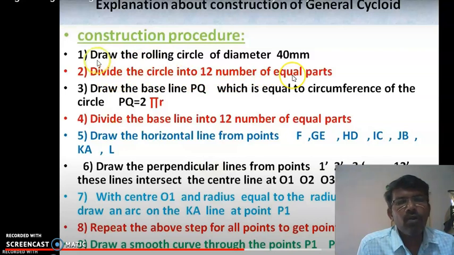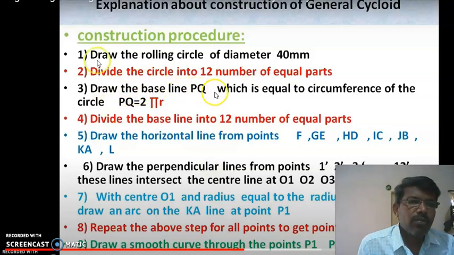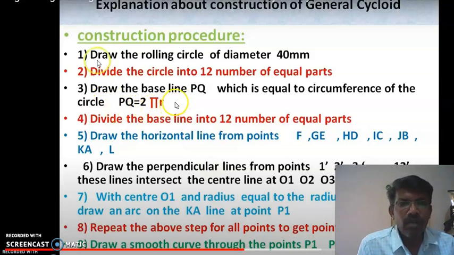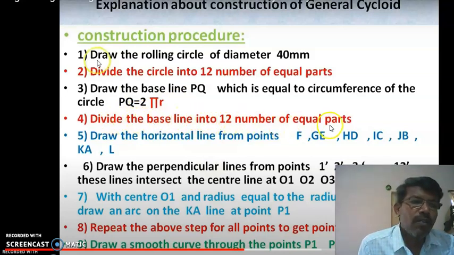You already know how to make divisions for the circle. Next, draw a line PQ equal to the circumference of the circle, that is PQ is 2 pi r. You can take it as pi d also, pi into the diameter of the rolling circle, and divide the base line into 12 equal parts.